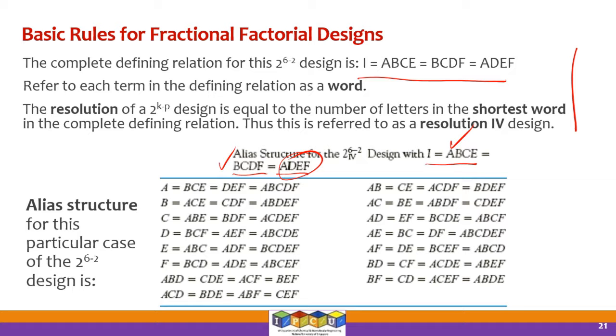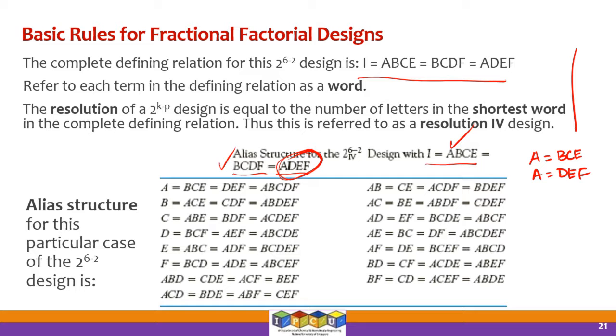For example, if I take I is equal to ABCE and multiply it with A, I will get A is equal to A squared BCE, which will be BCE. And if I take I is equal to ADEF and multiply both sides by A, I will get A is equal to DEF.